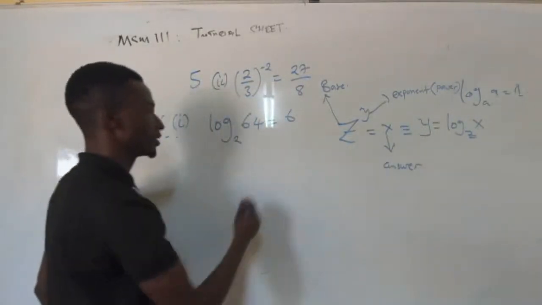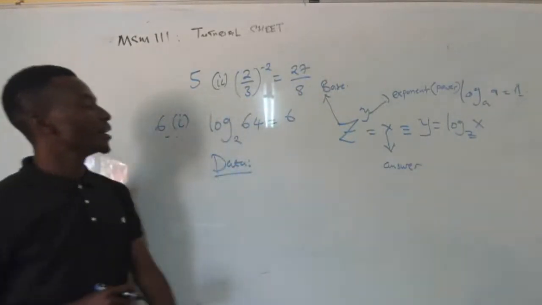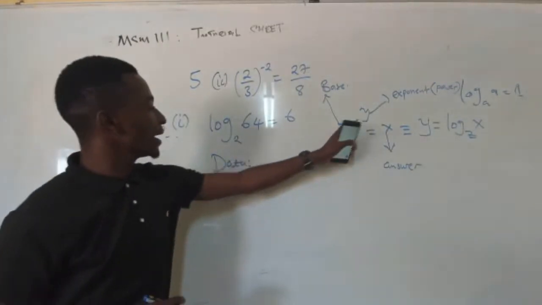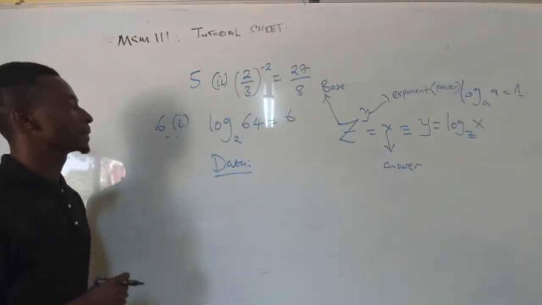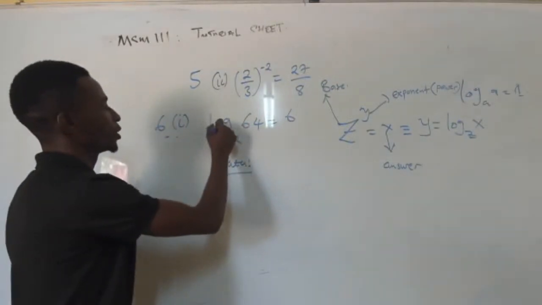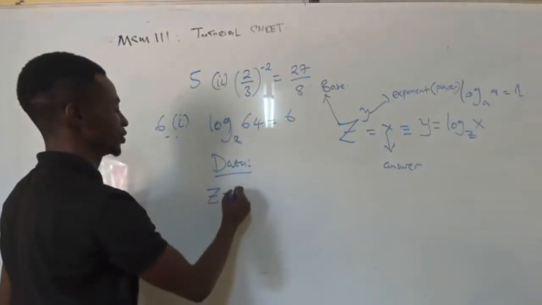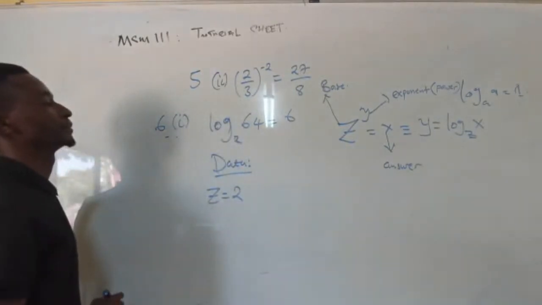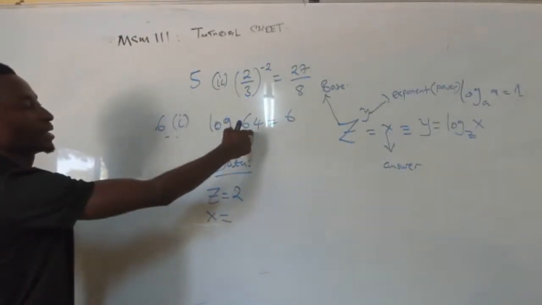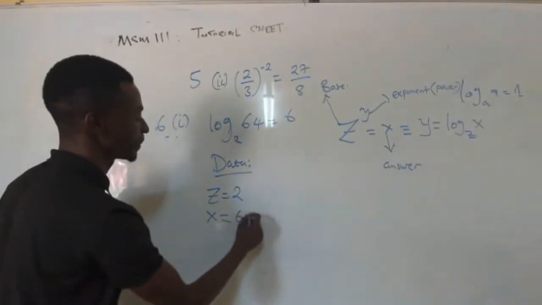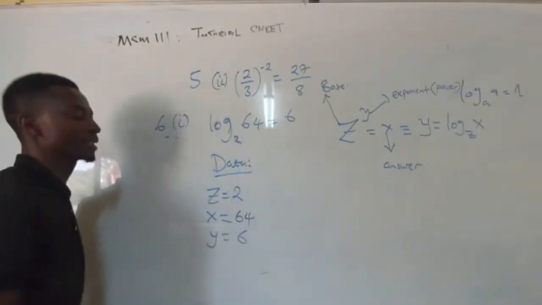So now, data. Our z is equal to 2, our x is equal to 64, and our y is equal to 6.